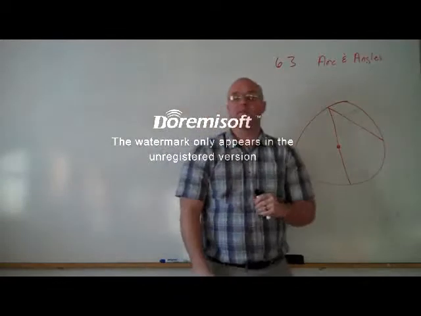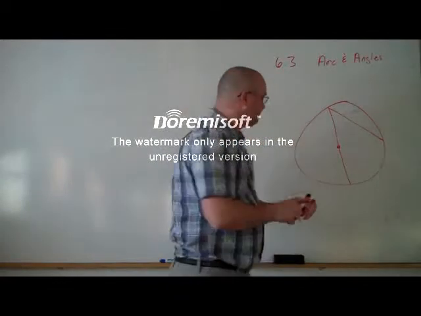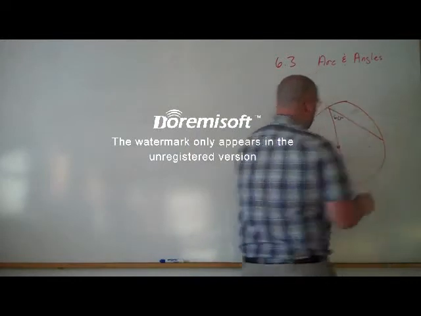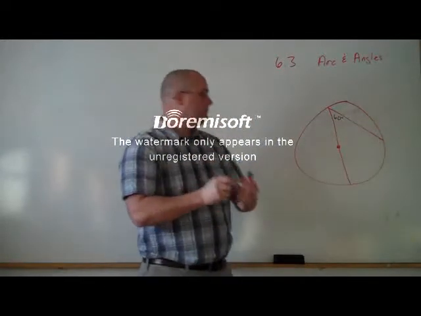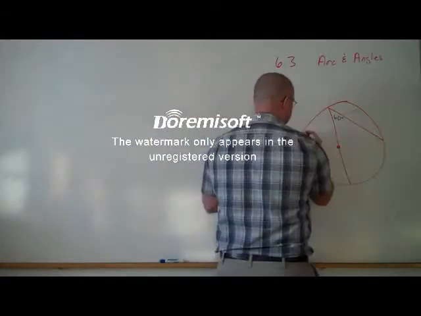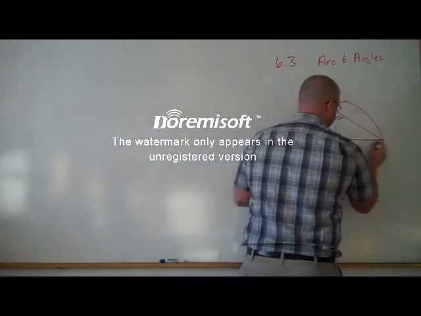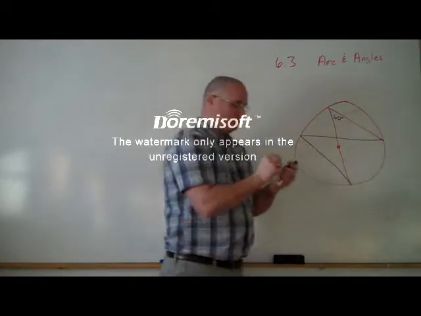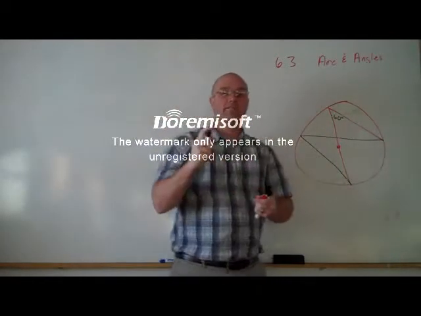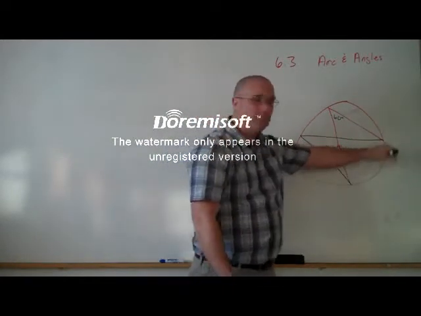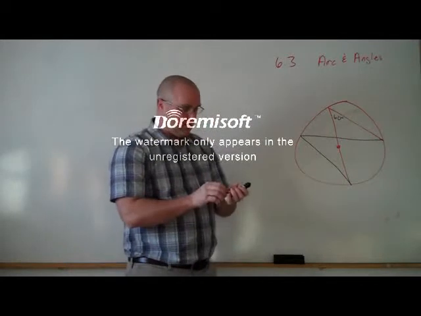Inscribed angle intercepted arc conjecture. Alright, this arc is 60 degrees, so we know this is 120 degrees. Now, if I drew another angle intercepting the arc, that means these two angles share the same arc.